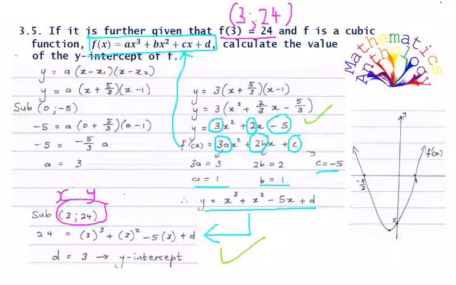If I substitute 3 and 24 into this equation, wherever I see x I will put 3, and wherever I see y I will put 24. I'll end up with 24 is equal to 3 cubed plus 3 squared minus 5 into 3 plus d. And if I solve that algebraically for d by taking all the constants over, I'll end up with d is equal to 3, which is my y-intercept of f.